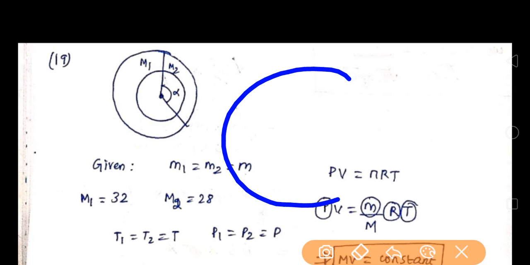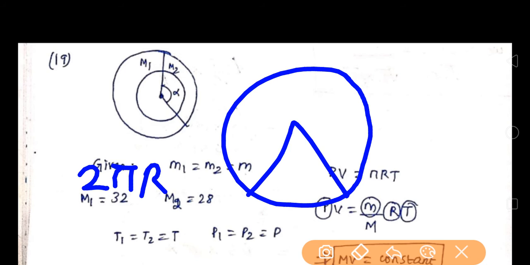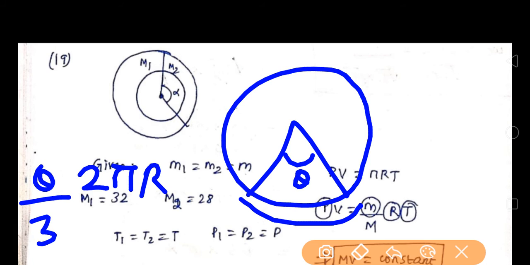This is a full circle. What is the length of the full circle? 2 pi r. Now of this part, assume theta. What is the length of this arc? Theta by 360 into 2 pi r.